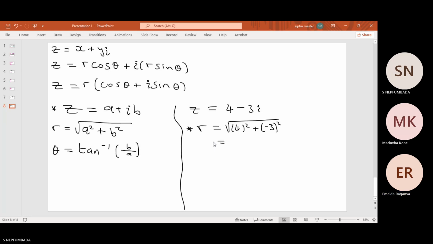You get 5. Yes, nice one. Then our theta is equal to tan arc of minus 3 over 4. What is the solution? Negative 36.87.